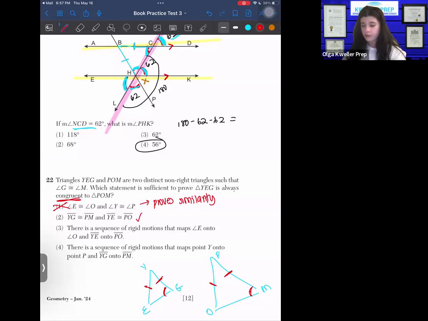There is a sequence of rigid motions that maps E onto angle O and YE onto PO. So this is just angle and side. So, oh, but we also know other angles. So this is angle, angle, side. Is that a proof? Angle, angle, side?